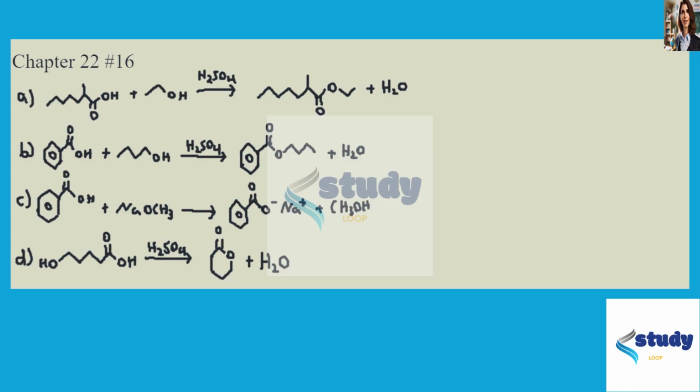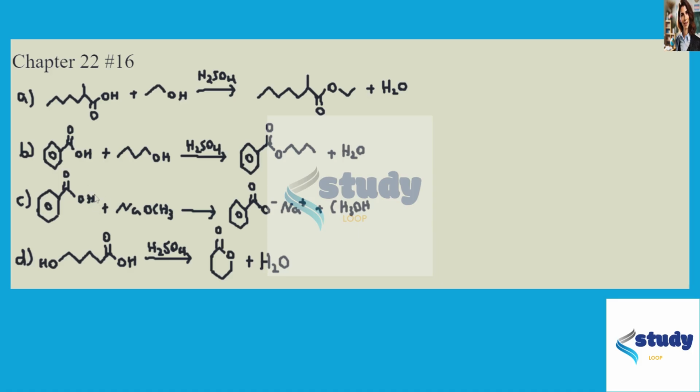So remember, this is an acid catalyzed reaction. So sodium methoxide, which is the reagent that we're using in C, is quite basic. It's fairly basic, and so we're not going to get the methyl ester as you might think we would.